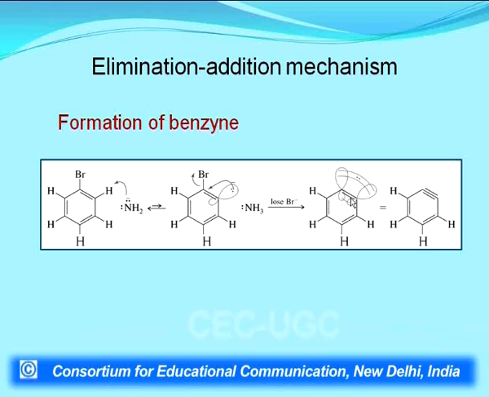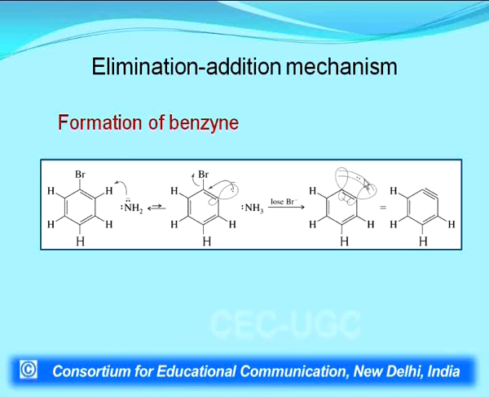This pi bond is formed by the orbitals which are above and below the plane of this ring. That is why I discussed earlier the structure of benzene, that this pi electron cloud is there due to the sideways overlap of p orbitals which are parallel to each other. Now, this p orbital and this p orbital are in the same plane, but they are not parallel. One is going in this direction, the other is going in this direction.